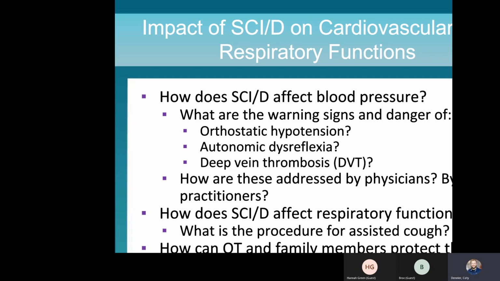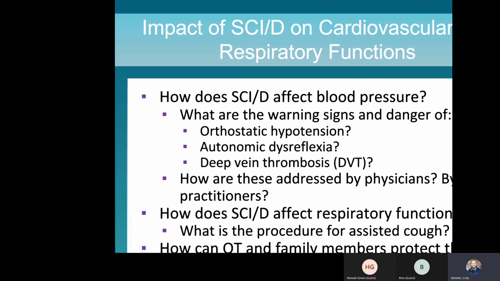Then you have autonomic dysreflexia. Now, this is a medical emergency. This is when their blood pressure goes too high, and it's usually as a result of something restricting their blood flow. It could be a distended bladder. It could be their bowel.